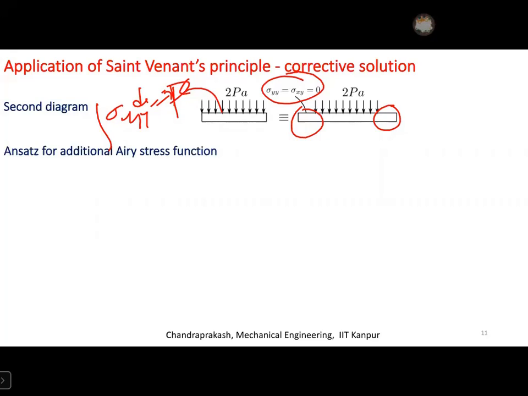Since I am looking for a corrective solution, I am going to look for one more Airy stress function, which should be added to your original Airy stress function. So I'm choosing an Airy stress function, in the Cartesian frame, which can be written as a function of two independent variables: f of y times exponential minus lambda x.